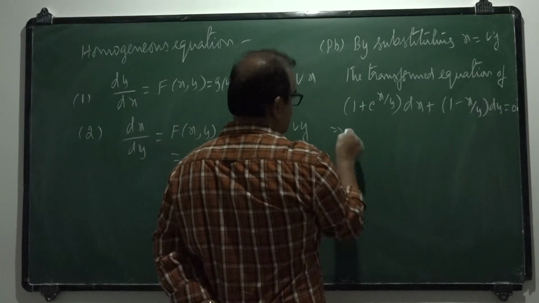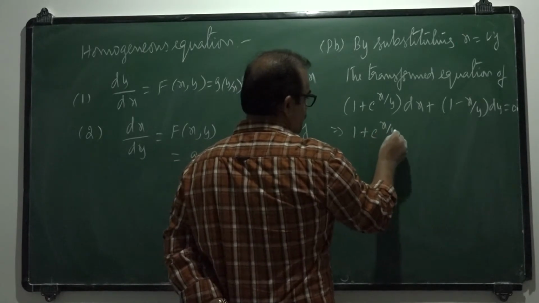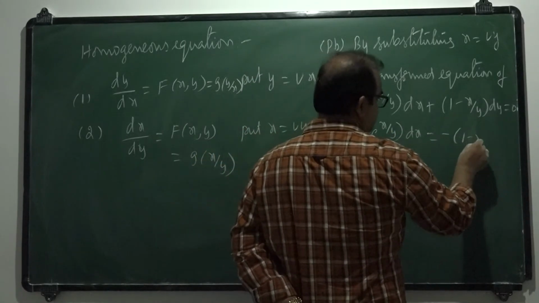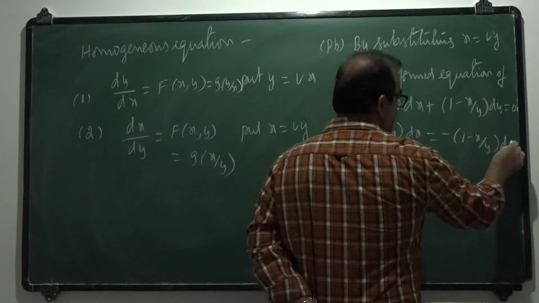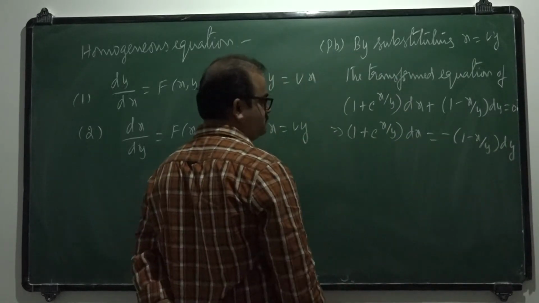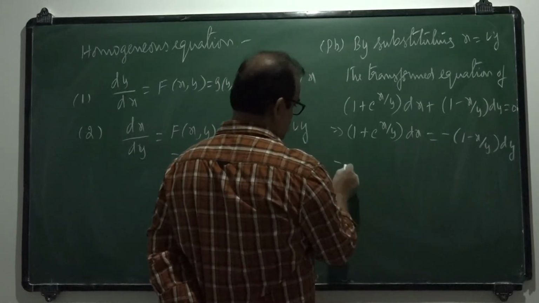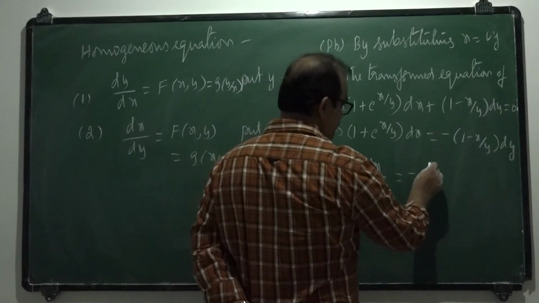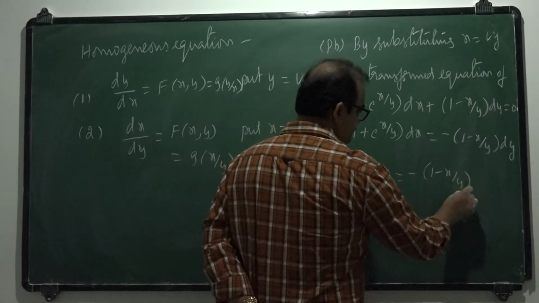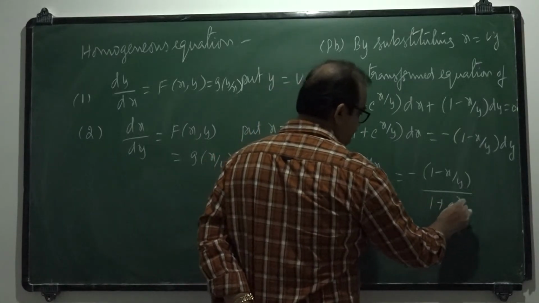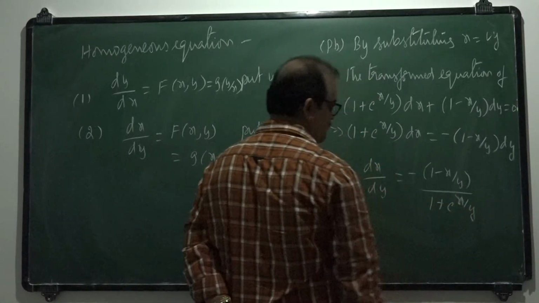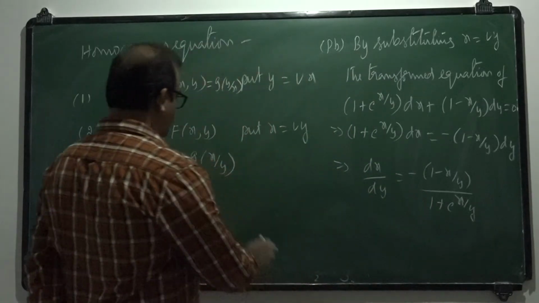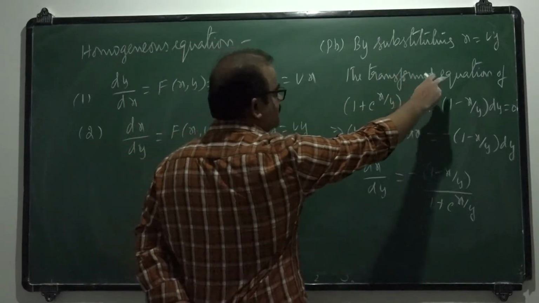Write the given equation as dx by dy is equal to minus of (1 minus x by y) by (1 plus e power x by y). We use the substitution x is equal to v into y.